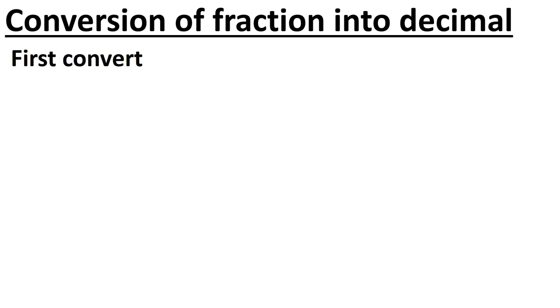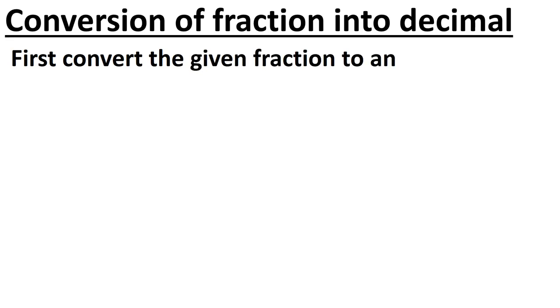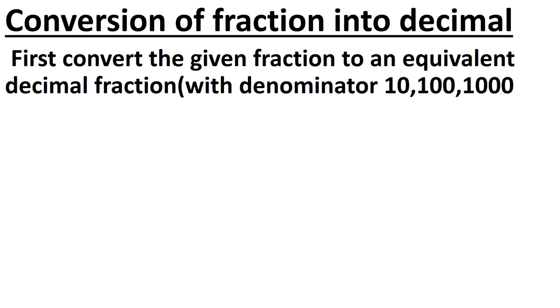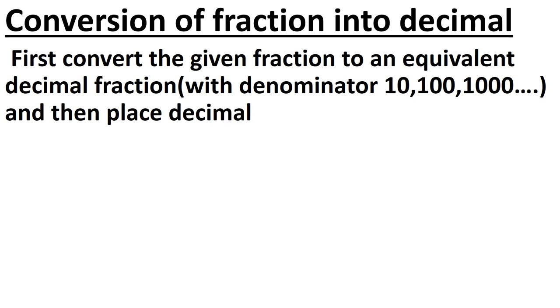Now our next topic is conversion of fractions into decimals. How to convert a fraction into a decimal? First, convert the given fraction to an equivalent decimal fraction with a denominator 10, 100 or 1000, and then place the decimal.